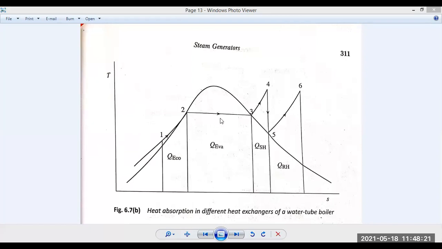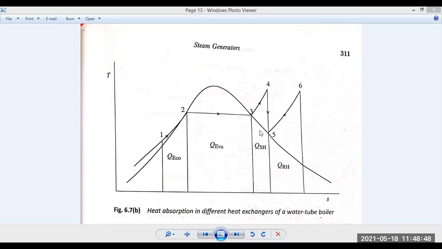It is boiling, so although entropy is changing as heat is absorbed, no temperature change takes place because it is under phase transition. Thus the line is parallel to the abscissa, saying that no temperature rise takes place, but heat is added from entropy at 2 to entropy at 3.